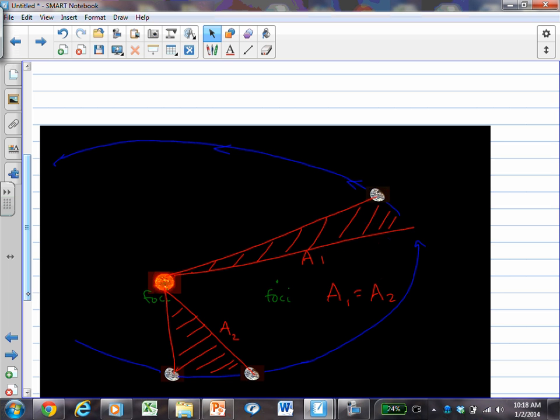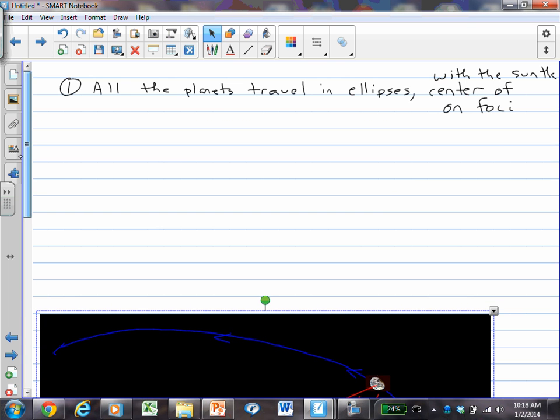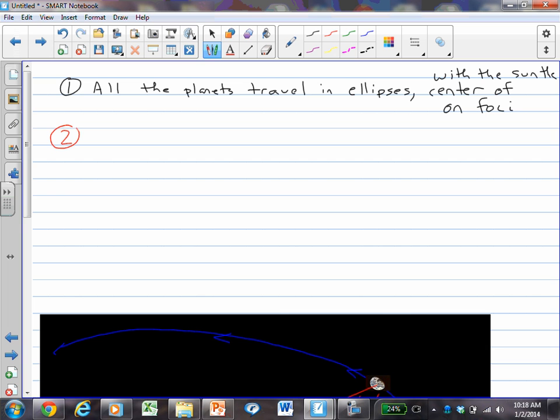So here's an ellipse in blue, and we see that here are 2 foci in green. There's one there and one here. And the sun is at one of those foci of the ellipse. So planets travel in ellipses around the sun, and the sun is at one focus. The second of Kepler's laws was that planets do not travel at constant speeds.